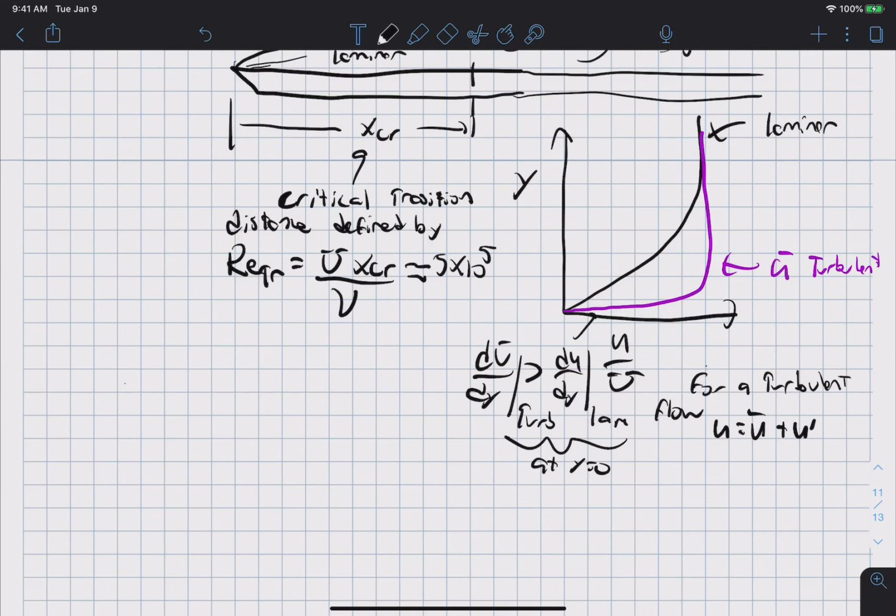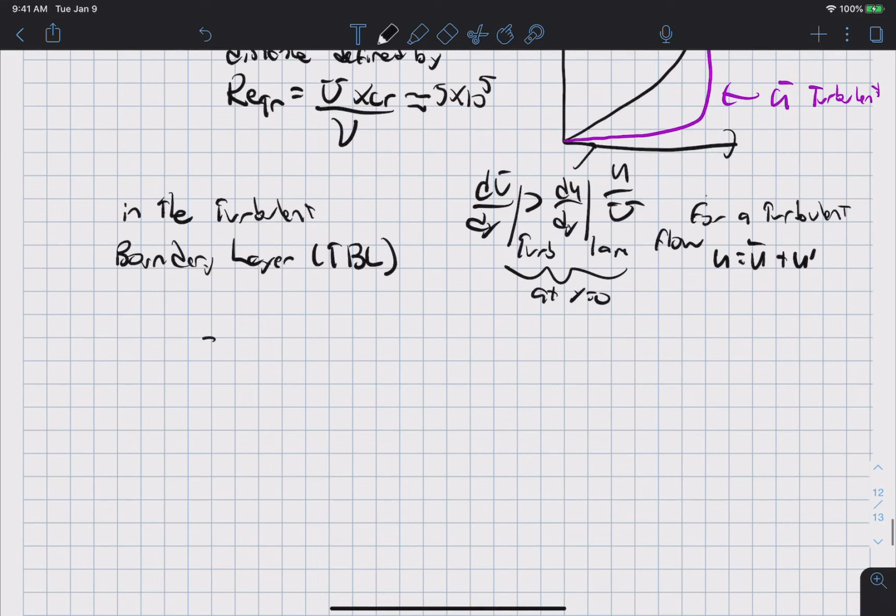And then in the turbulent boundary layer, which I'll call TBL, the boundary layer height, delta over x, is approximately 0.37 over the Reynolds number based on x to the 1/5 power.